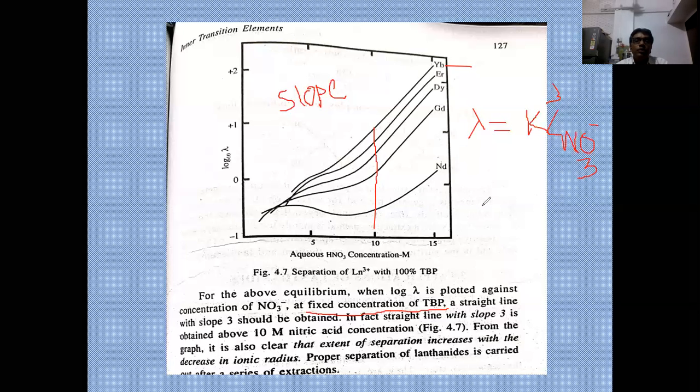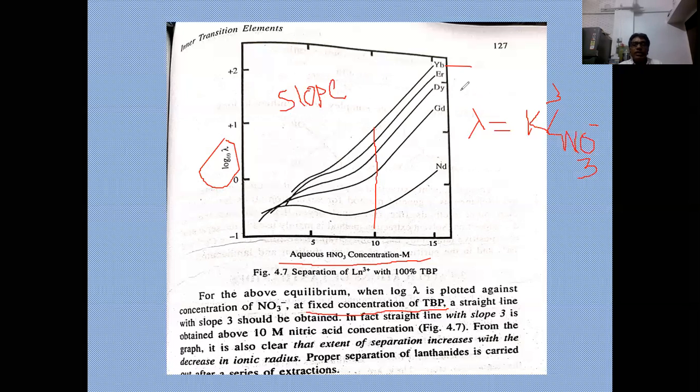So this graph shows the variation of distribution coefficient lambda with the concentration of the nitric acid. As we increase the concentration of the nitric acid, the value of the distribution coefficient increases, and in this way the lanthanum ions are extracted from the aqueous phase into the organic phase.